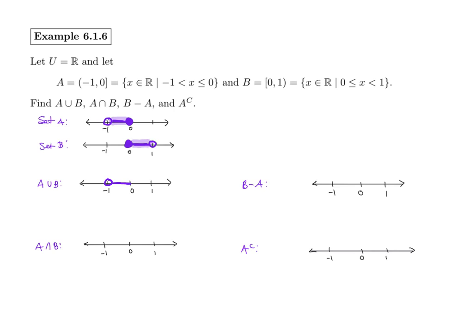The next one includes everything from 0 up to 1, but doesn't include 1. So there is our union. If we want to write it in set notation, we would say that A union B is the set where x is a real number such that -1 is less than x, which is also less than 1.